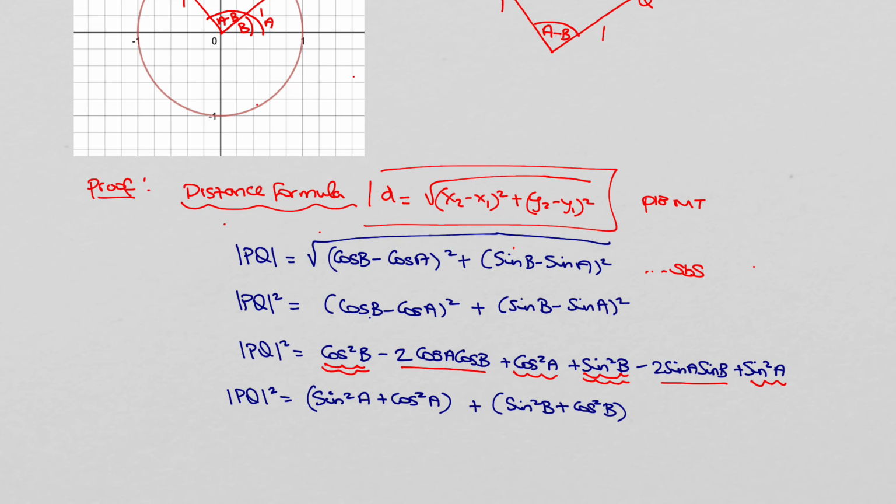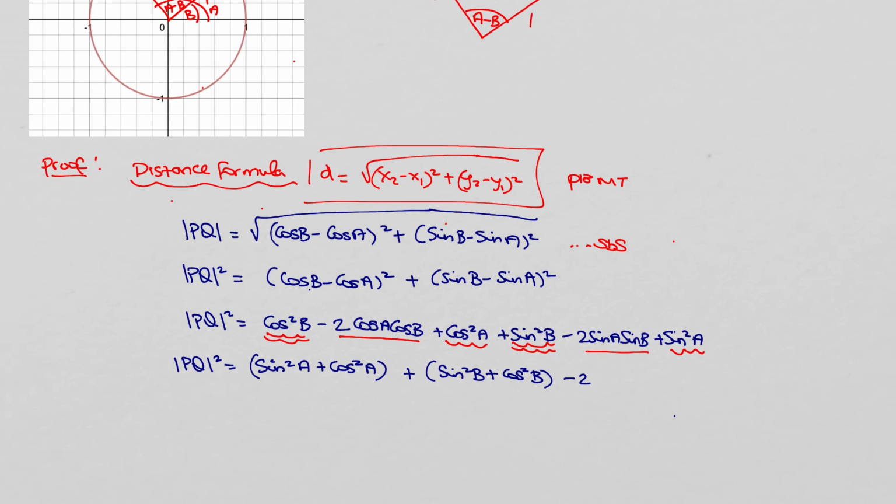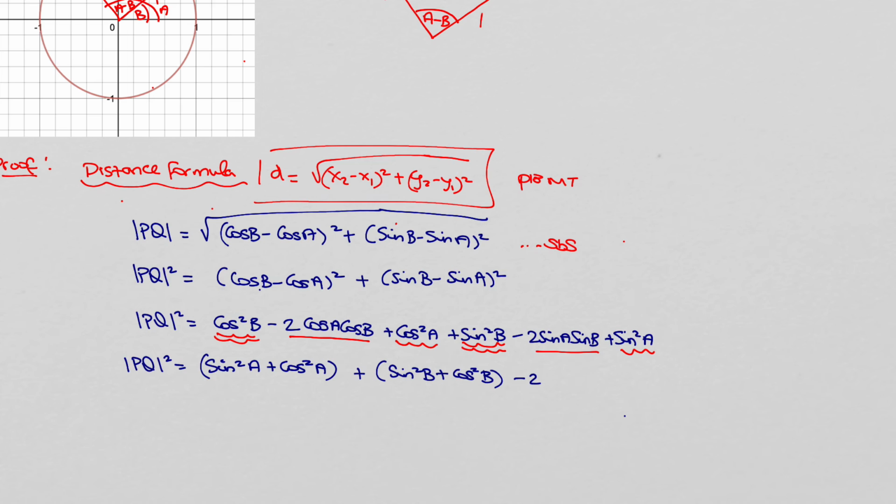So I'm going to take out 2 as being the highest common factor there, and it's minus 2. So again, I'll just move the screen over. So if I take out minus 2 as being common, that leaves me with cos a, cos b, plus sin a, sin b. And now it's like, ooh, hang on a second.